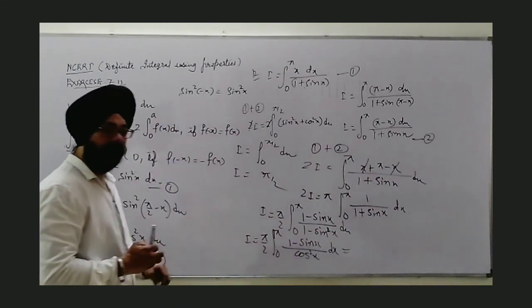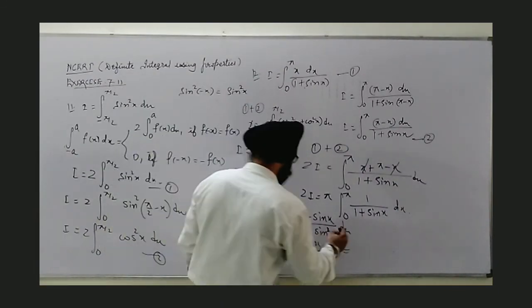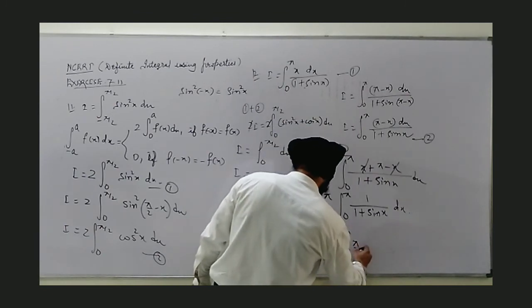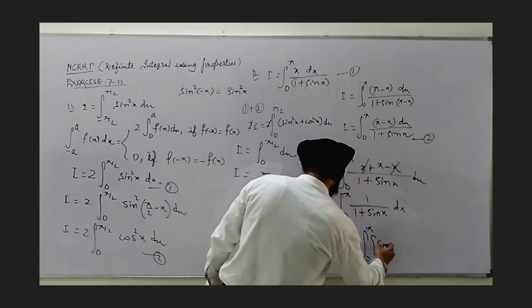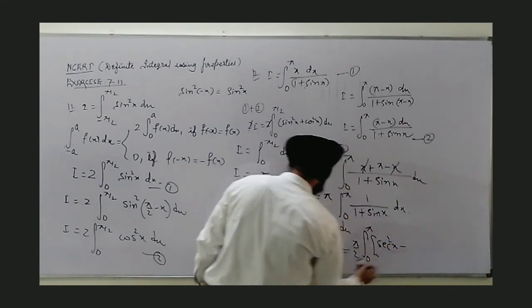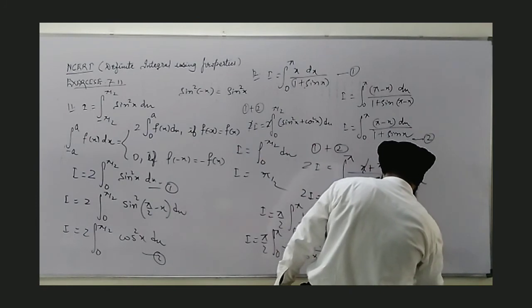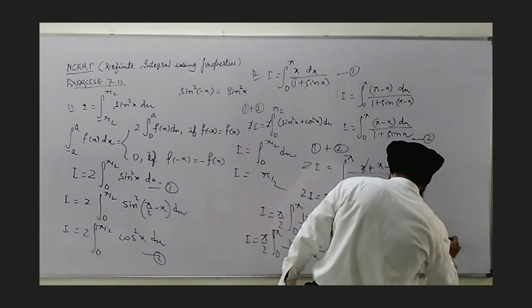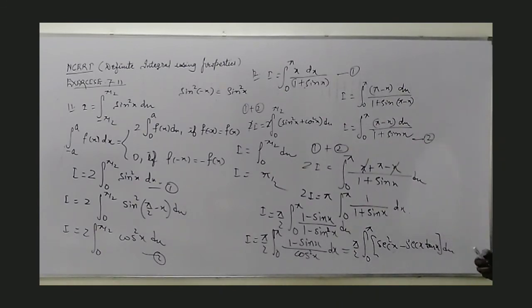Now cos square x we will separate in both of the terms. So we get I equal to pi by 2 times 0 to pi of sec square x minus sin x upon cos x times tan x, so sec x tan x dx. This way we have converted the function into basic terms. We can integrate them directly.